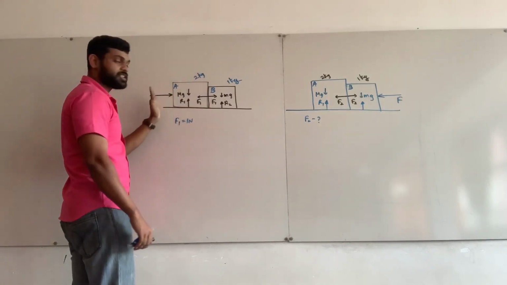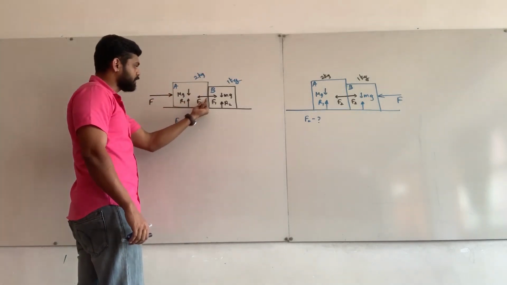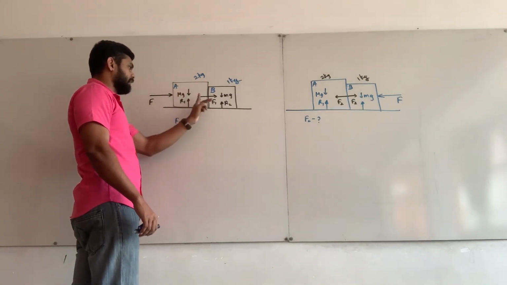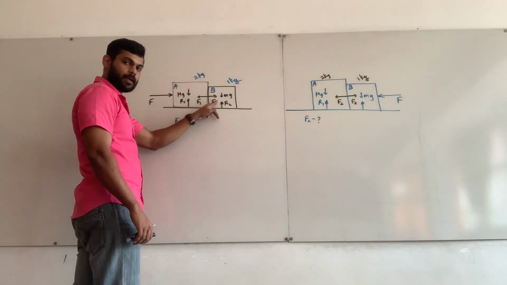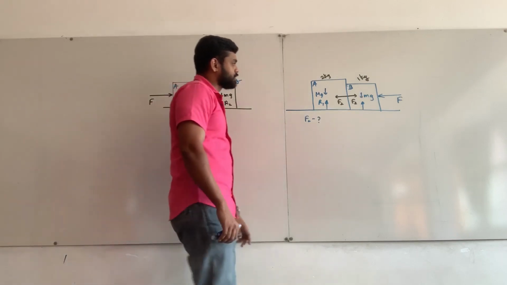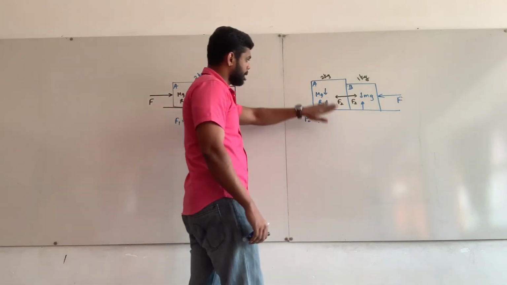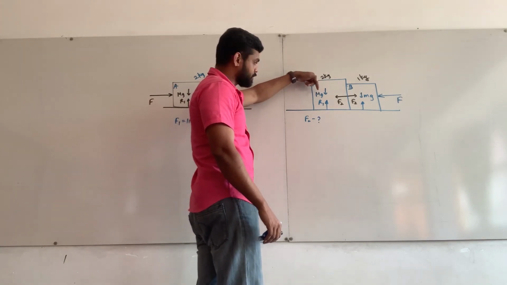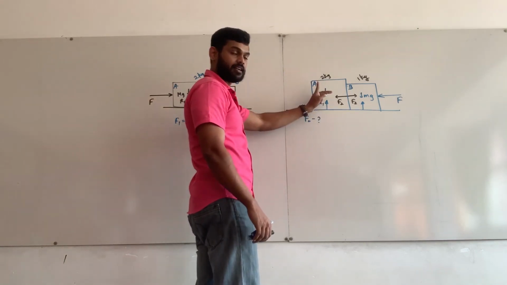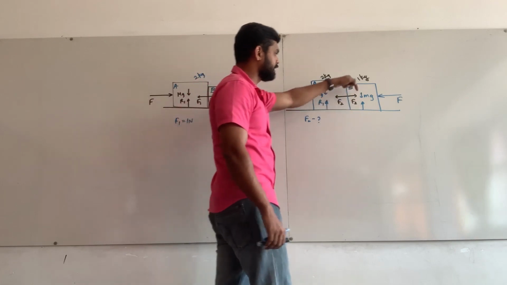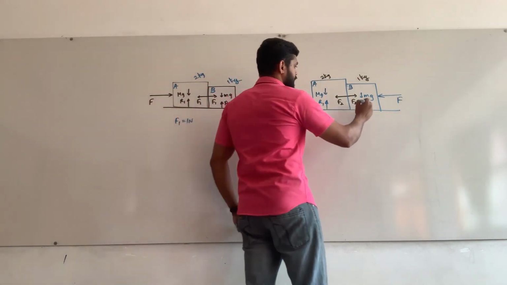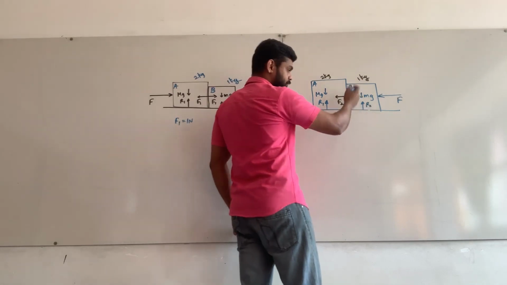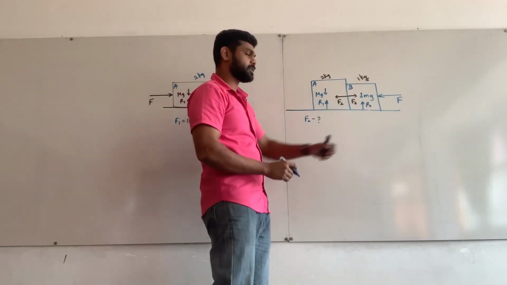And when you push this block, it produces the action on A and the reaction on B. Here also the same thing. The weight is mg, and the reaction force is R2 from the surface.